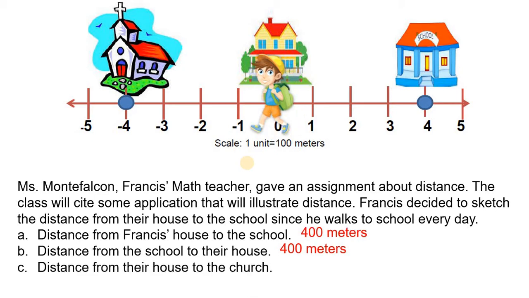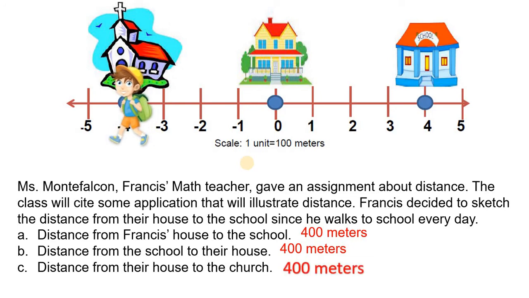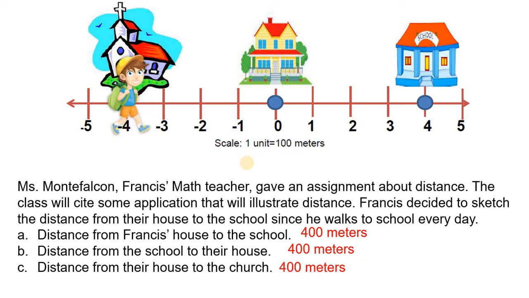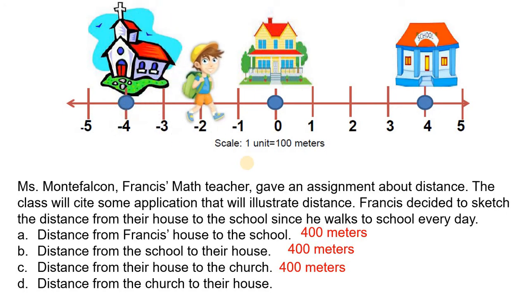Next, how about the distance from their house to the church? Let's see. So, how many units? That will be 4, which is equivalent to 400 meters. Okay. And lastly, how about the distance from the church to their house? How many units?